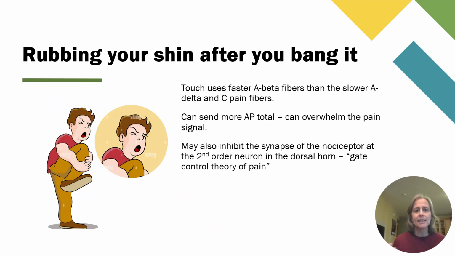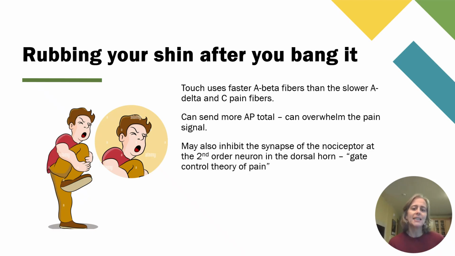So one idea is that you're just sending so many more signals for touch that it overwhelms the signals for pain because they're just outnumbered. Your brain can only pay attention to so many things at once, so it pays attention to the touch more than it does the pain.